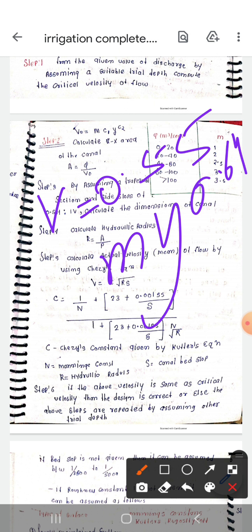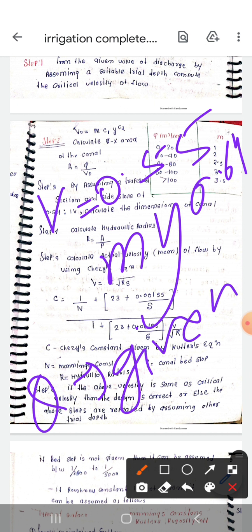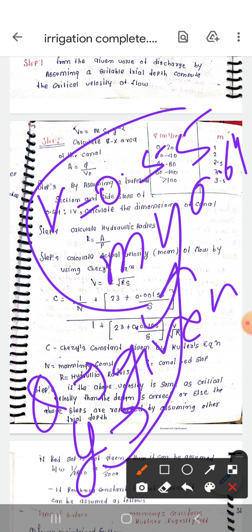So he has said that if Q is given in the question, then we have to assume a suitable value of depth of flow, that is y, and by using this value we can find the critical velocity of flow.